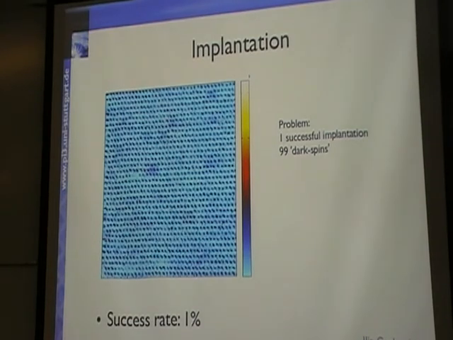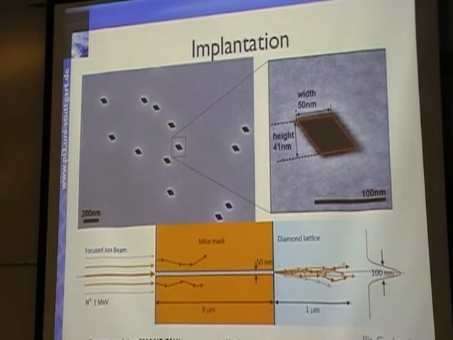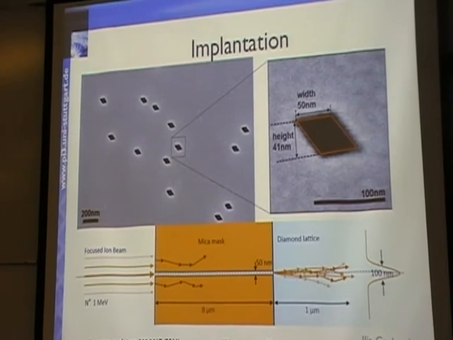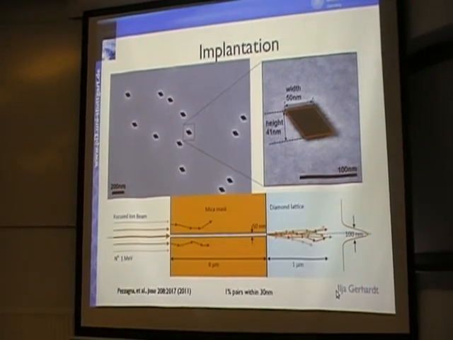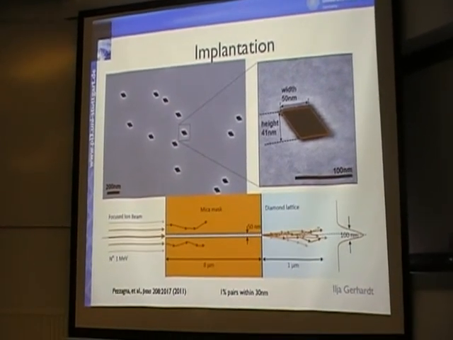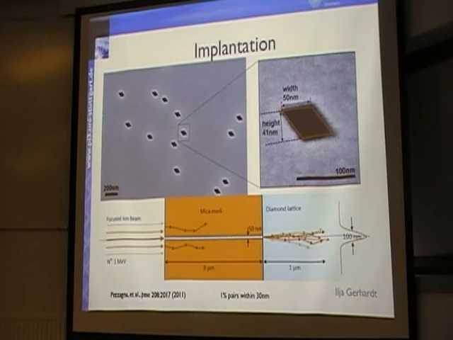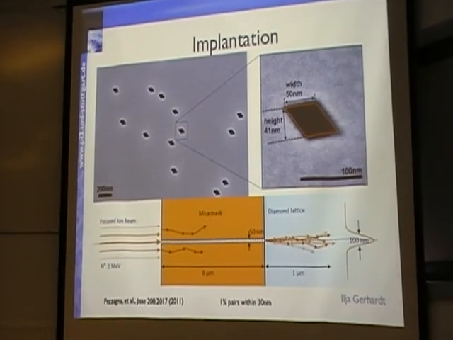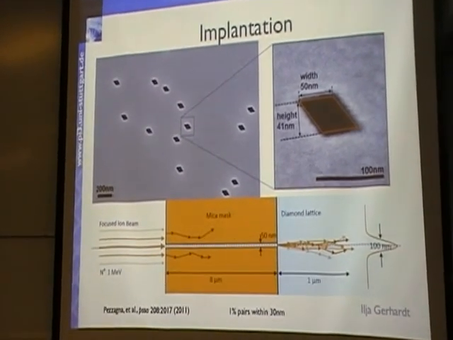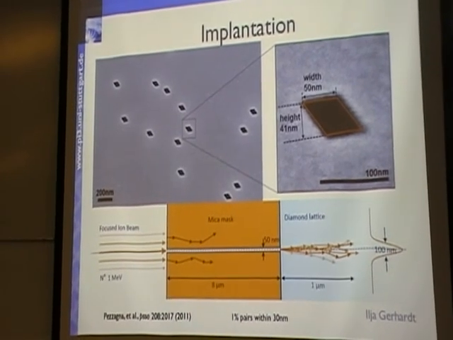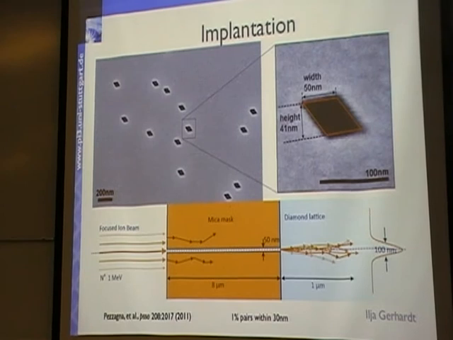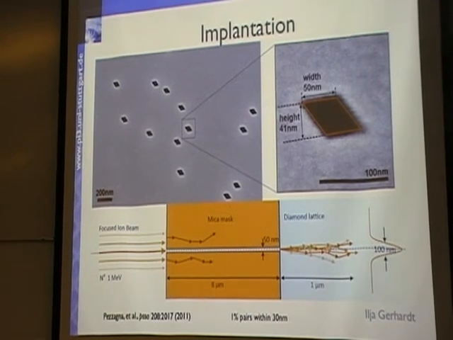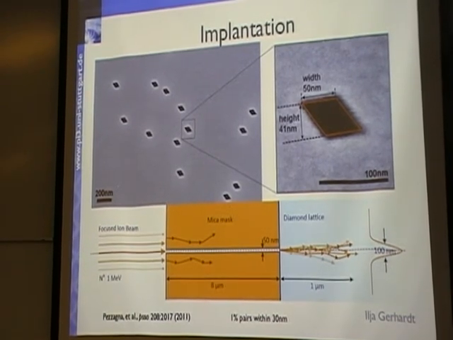So one approach to get this more confined, also towards coupled and entangled 2 NV centers, is to take a mica mask. It's a material which is out there in nature, and then there's a very thin channel through there, and then the implantation is made through this mica mask.